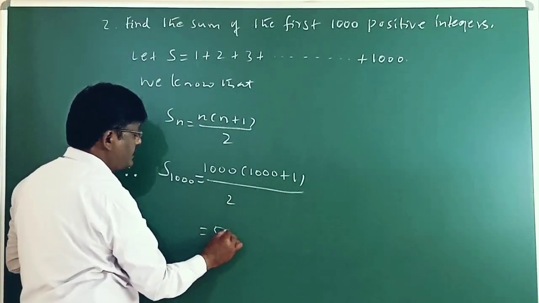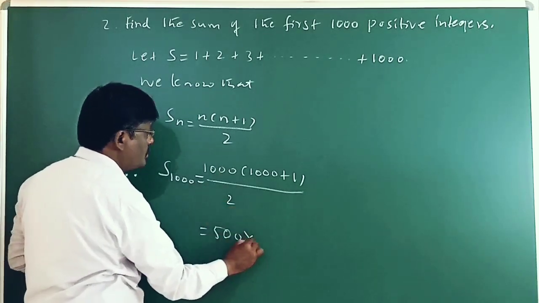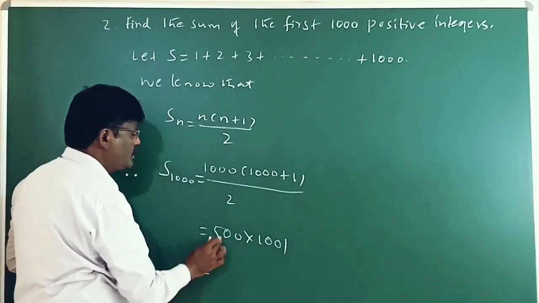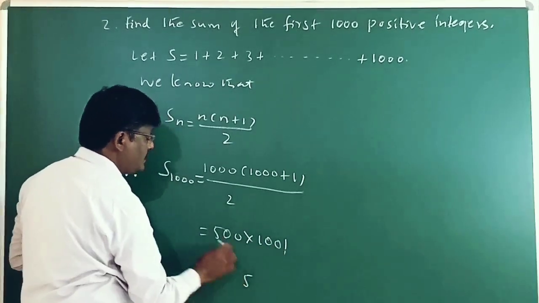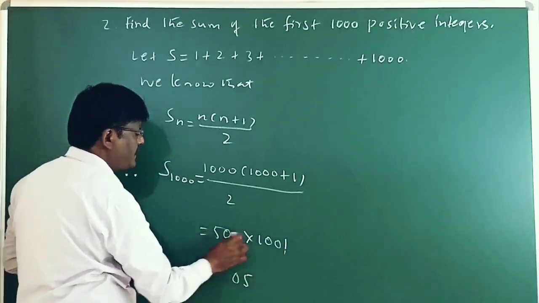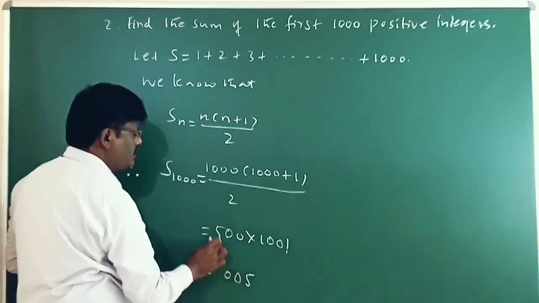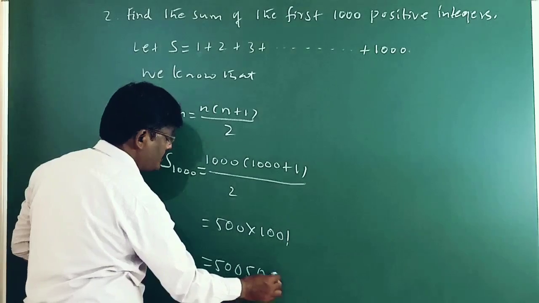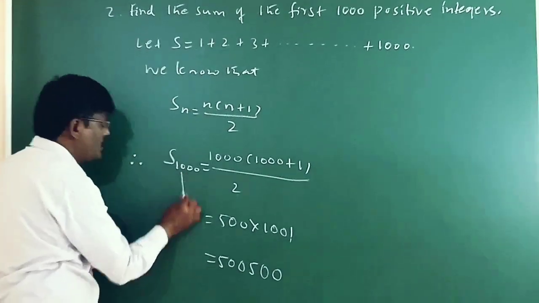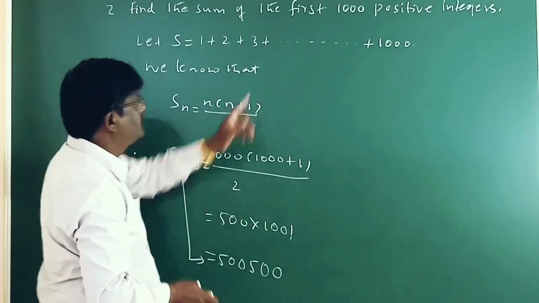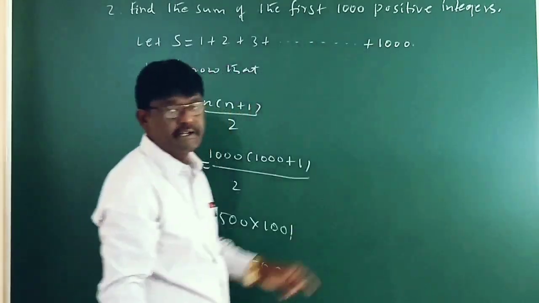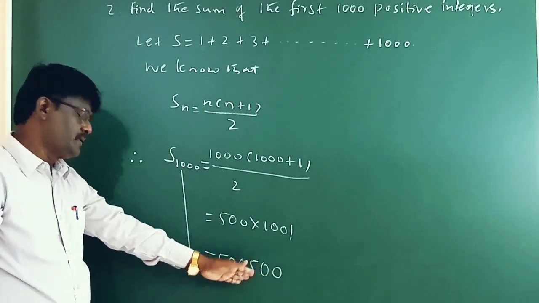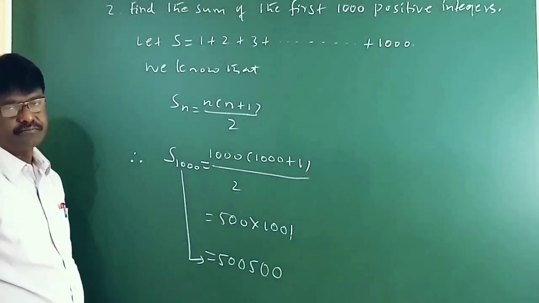Hence 500 into 1001. Therefore 5 ones are 5, then 5 into 0, 5 into 0, then 5 ones are 5, with 2 more zeros. So therefore the sum of the first 1000 positive integers is 500500.